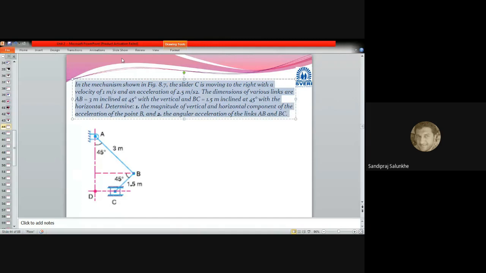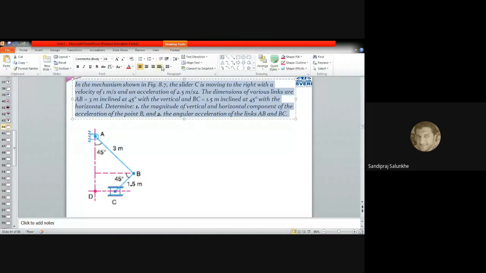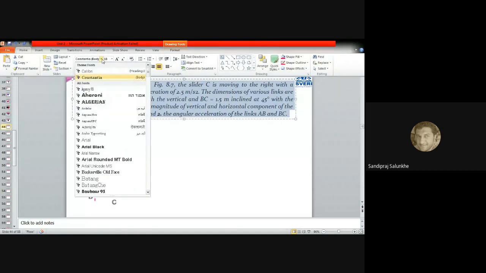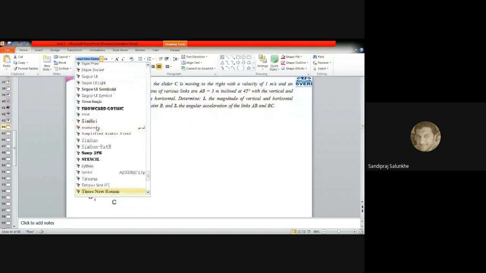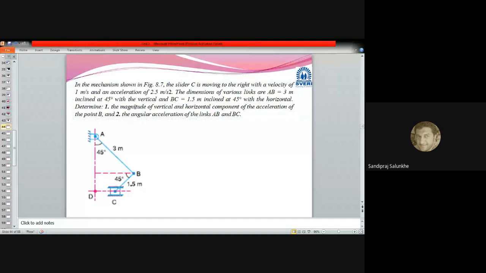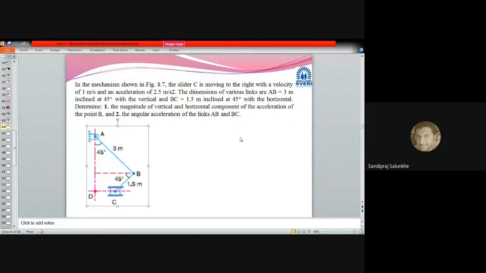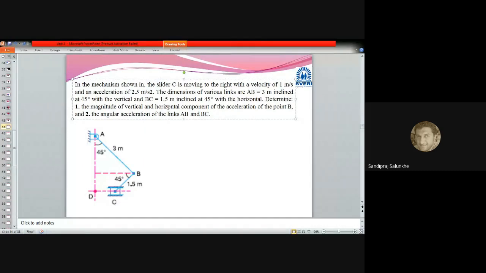Everybody has to take part in this and you have to tell me how you can solve this problem step by step. In a mechanism shown in figure, a slider C is moving to the right with a velocity of 1 meter per second.